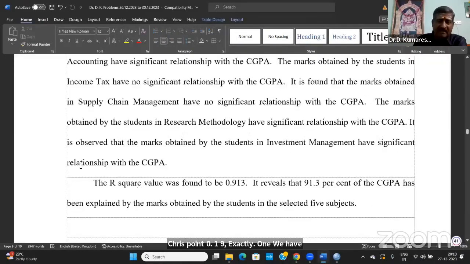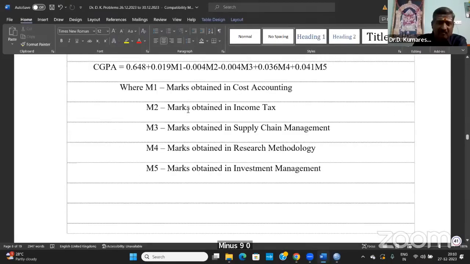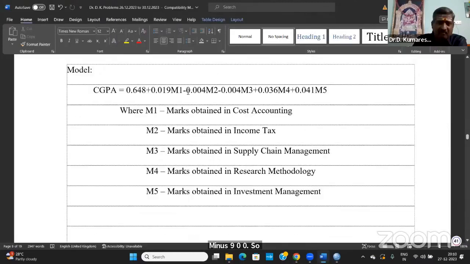The second one, minus 0.004. So in the equation, we put a minus symbol instead of a plus symbol. So minus 0.004 M2.